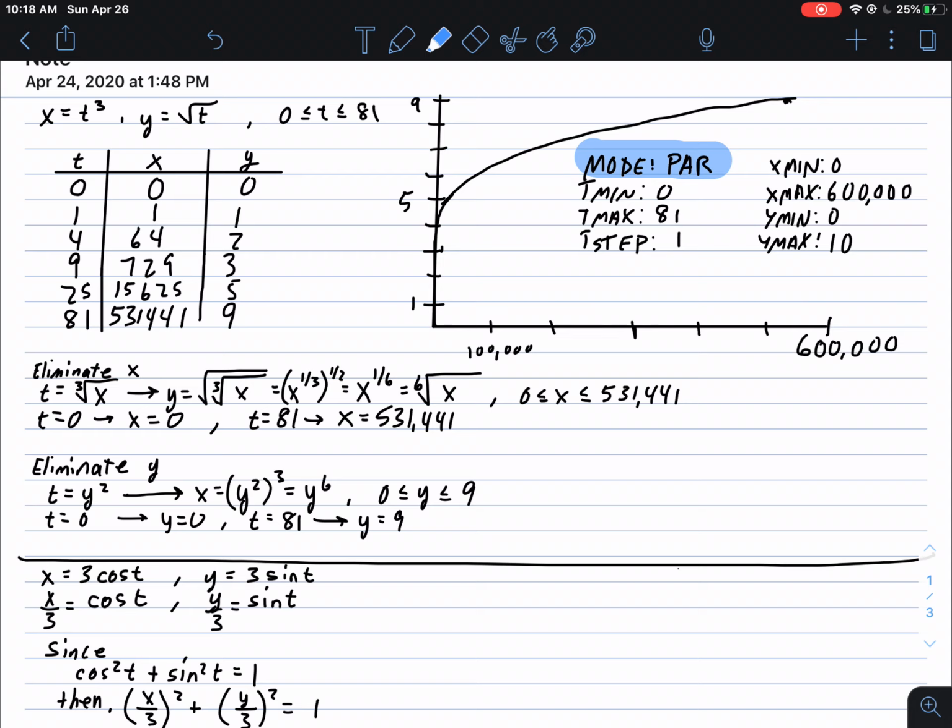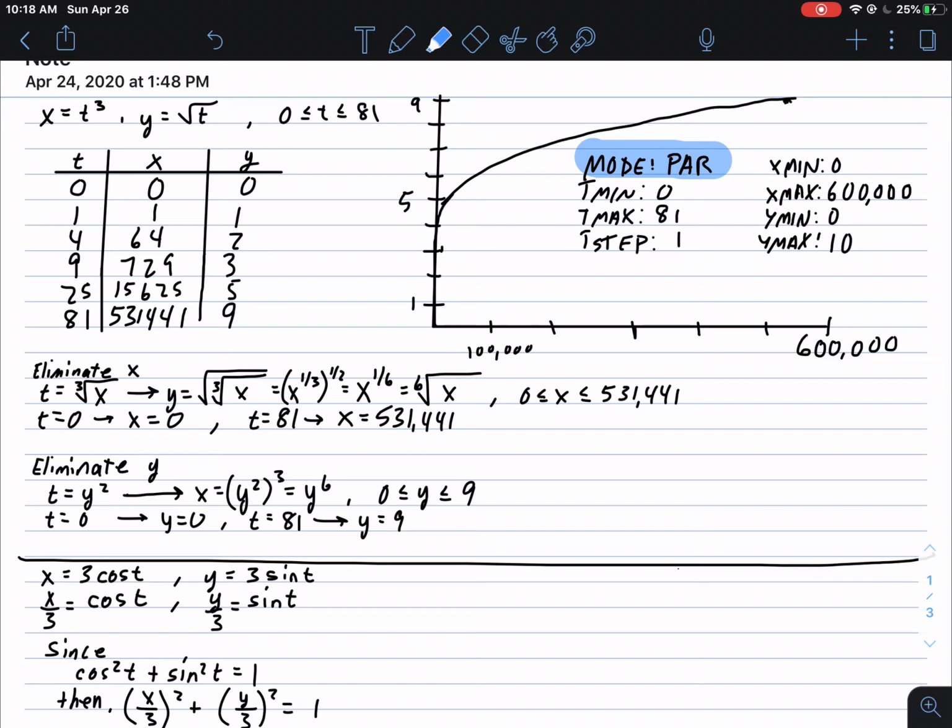Your window settings are now going to have Tmin and Tmax because we have our third variable, our parameter t. Now remember that button I said has the x, the t, and the theta on it? It just depends on what mode you're in. When you're in parametric mode, when you hit that X button to put in your variable, it's automatically going to put in t.